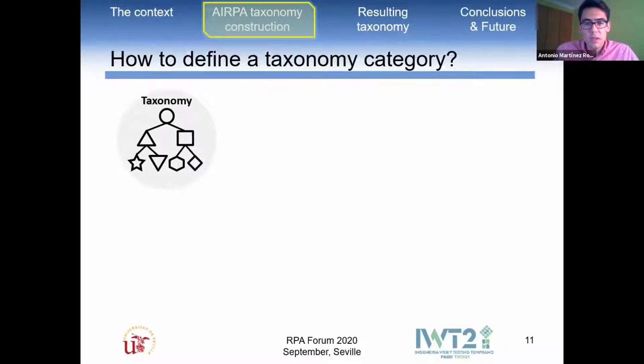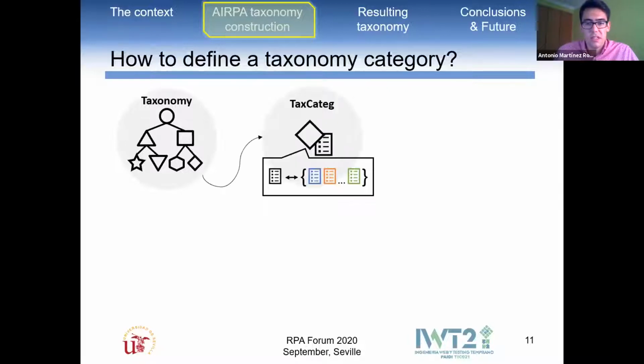Having this taxonomy, we find that it is formed by taxonomic categories, or task-cate, which we see here abbreviated. Each of these categories has the terms of equivalent categories associated with it. A taxonomic category will be defined by the same properties as any category term, except that it will be understood as the representative of those associated with it.